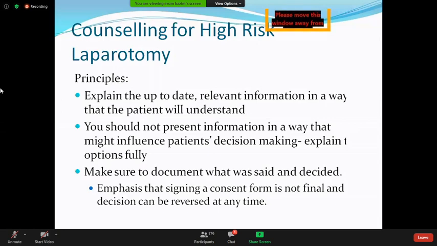So what are the principles? Where possible, explain the up-to-date, relevant information in a way that the patient will understand, and allow time for the patient to process information and ask any questions.